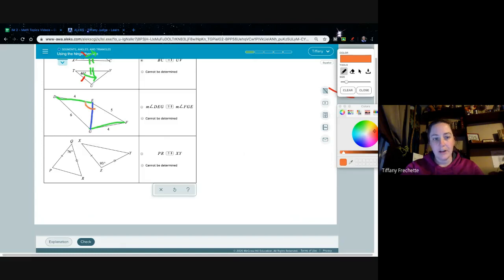And then FGE, so this angle here. So remember, if I have the sides, I just go, which side's bigger, 6 or 5? 6 is bigger, so I'm going to go to this angle. DEG must be bigger than FGE. I'm going to choose greater than.